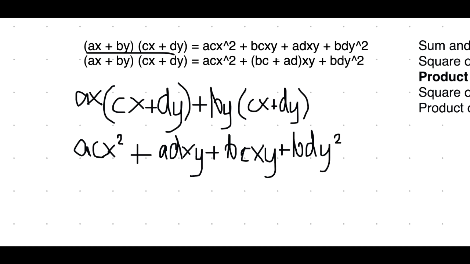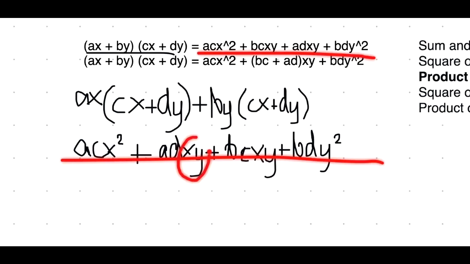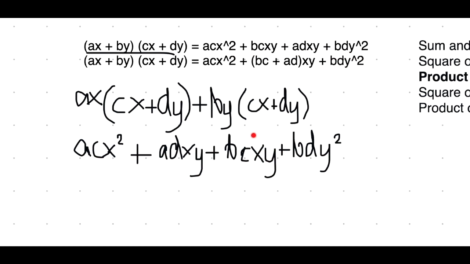Okay, and there you go. So this is equal to this. And if we wanted to, we could factor out the xy from these terms, but it's not necessary. You may be asked to write it a certain way, but usually it's not necessary.